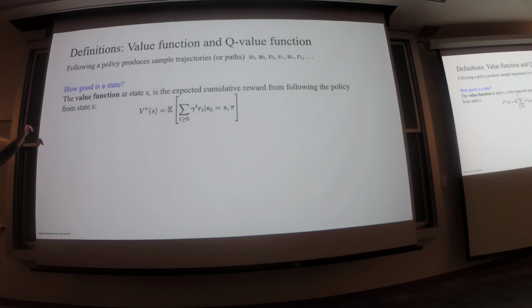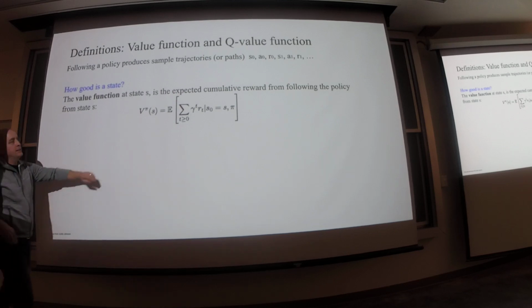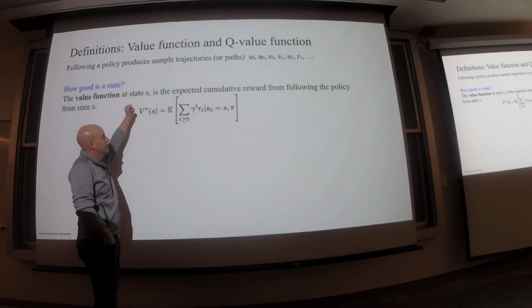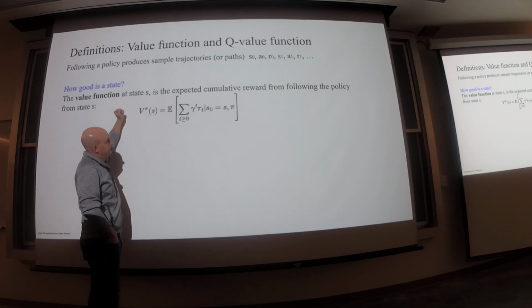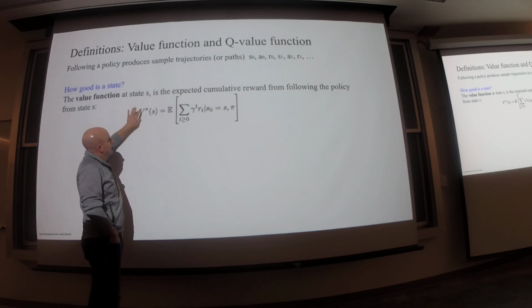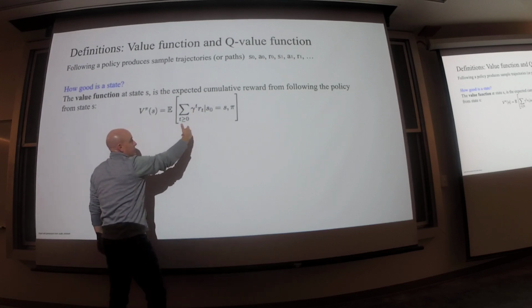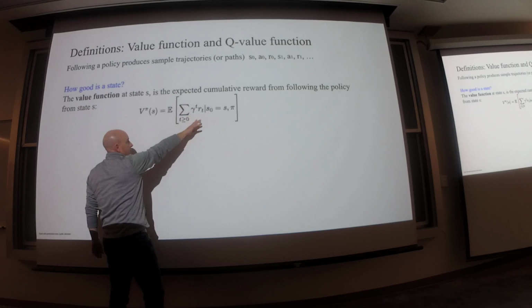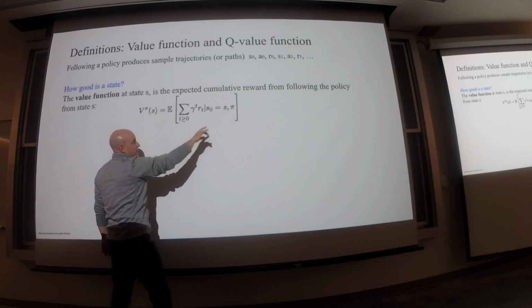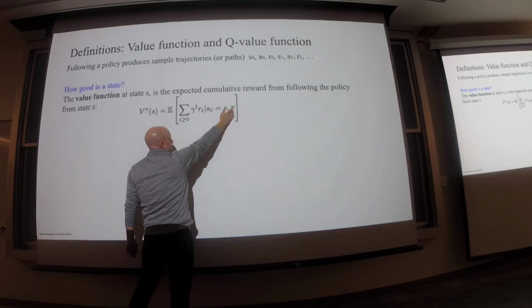Given a policy, we can ask how good is any state in the environment. So the way that we do that is we compute, again, the cumulative discounted reward. We compute the expectation over this, always given the policy.